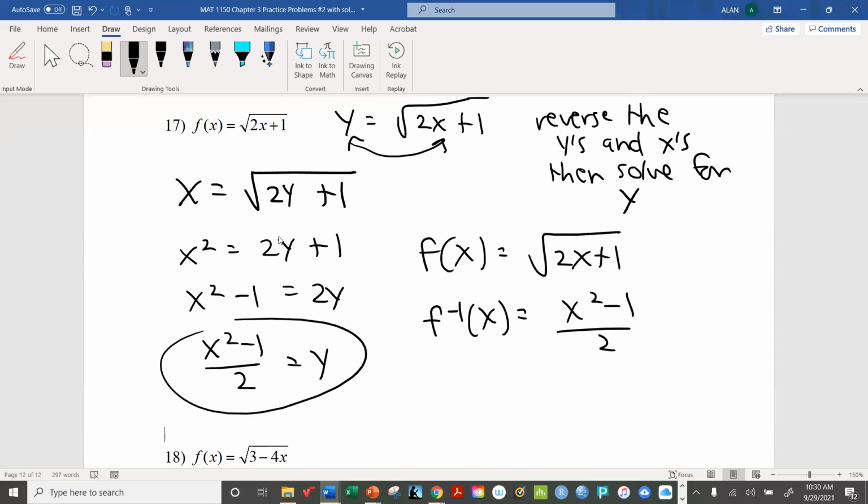Now proving this is a bit of a headache, but I think it's a good idea. Let's just quickly run through it. So remember what this is all about.